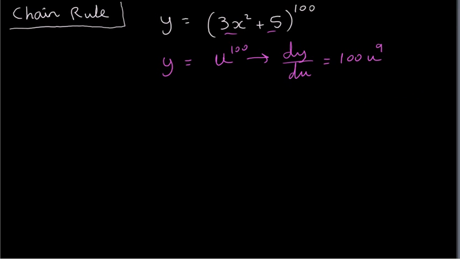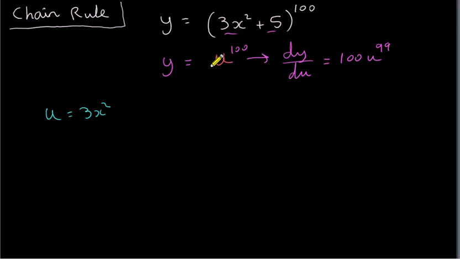So that's dy/du. Of course, we don't want dy/du, we're looking for dy/dx. So the next thing we consider is du/dx. We have that u equals everything inside the bracket. So if you have an expression inside a bracket, try to write it as a single term.